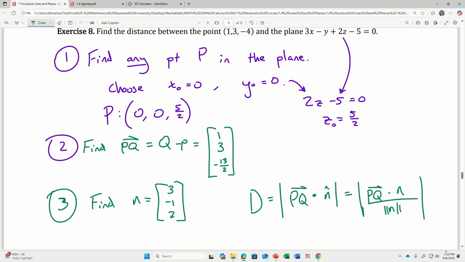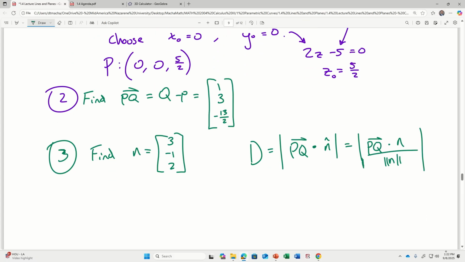So let's find the PQ dotted with n part. And that would be 1 times 3 plus negative 1 times 3 plus negative 13 over 2 times 2. So it would be negative 13. Divided by the norm of n.